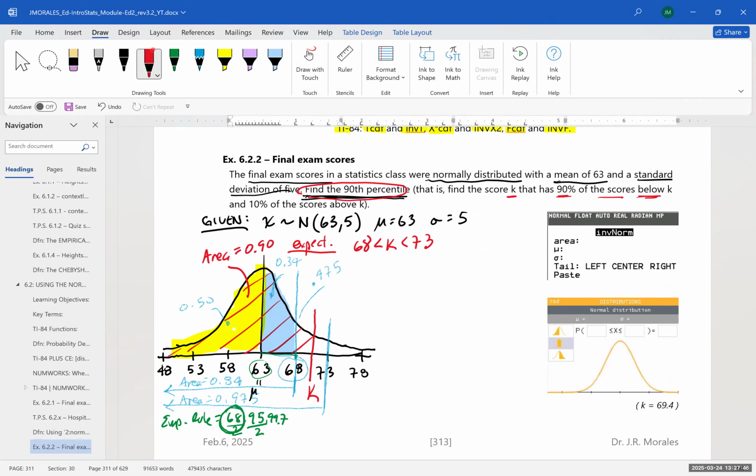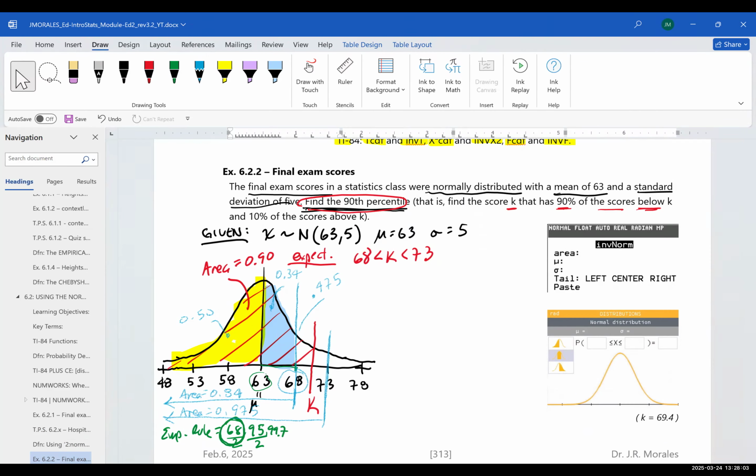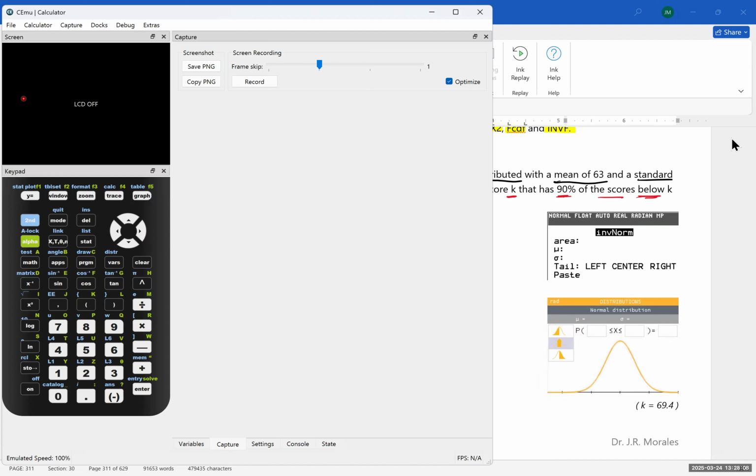Let's see if it meets our expectations. Let's look at the Texas Instruments calculator and the NumWorks calculator. First I'm going to use the TI-84 Plus CE emulator that I've got. If you've got an older calculator, hold on a minute, because what you see here might be different than what you're going to see, but I'll get to that.